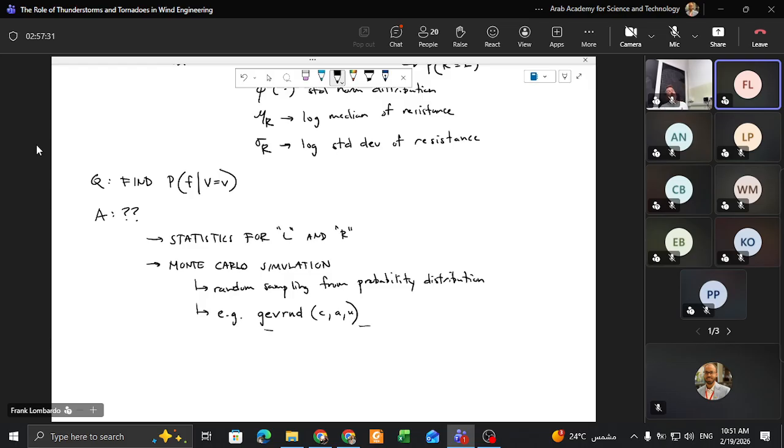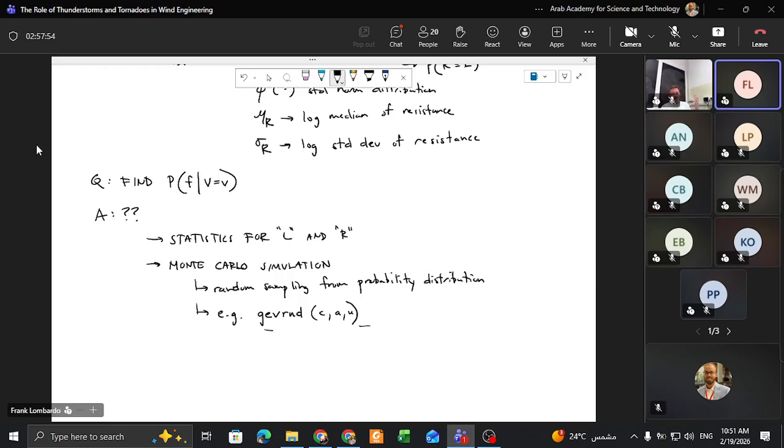So if you randomly sampled your Gumbel distribution fit from the homework, which had some A parameter and some U parameter, and you randomly sampled 50 values from that distribution, it would essentially be a sample of 50 years of data from that distribution.